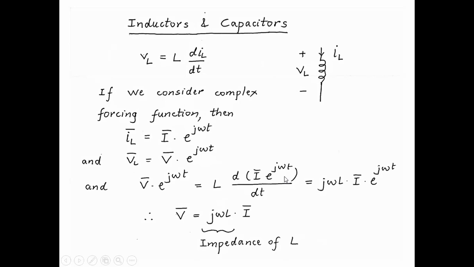We differentiate e raised to j omega t, and so we get j omega L I e raised to j omega t. Then the e raised to j omega t cancels, so we get a relationship between this I and this V for an inductor. That relationship is V bar equal to j omega L I bar, where we call this j omega L the impedance of L.